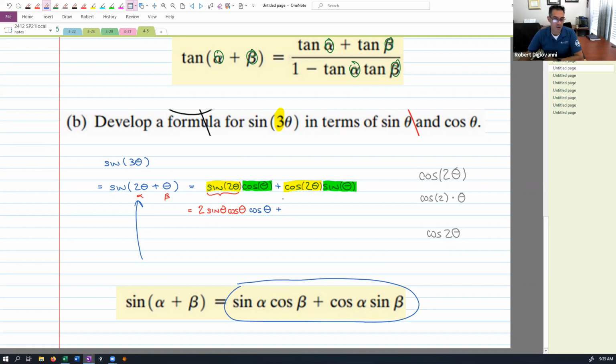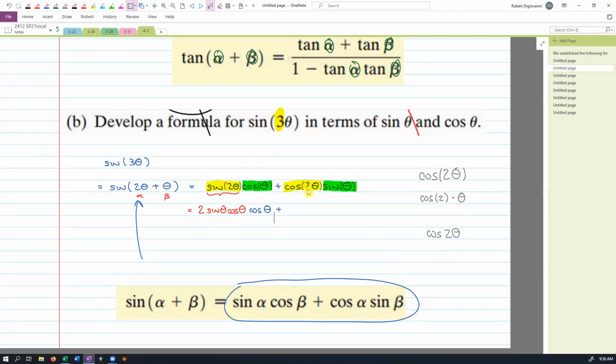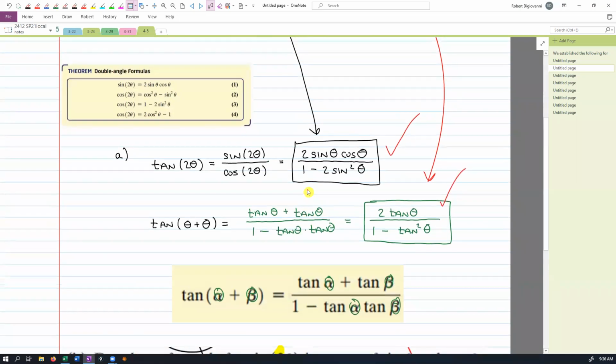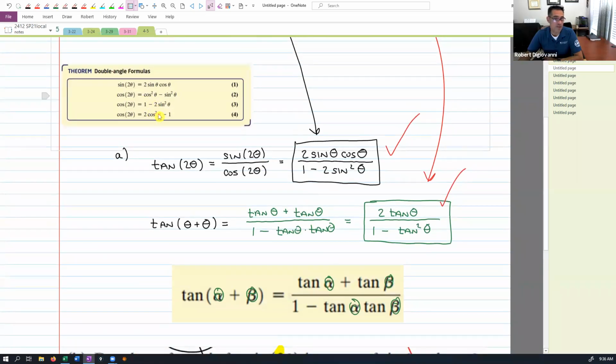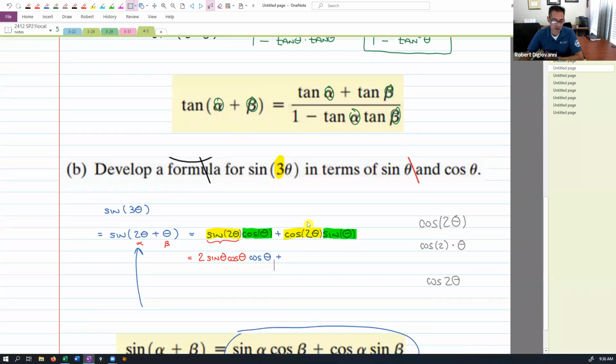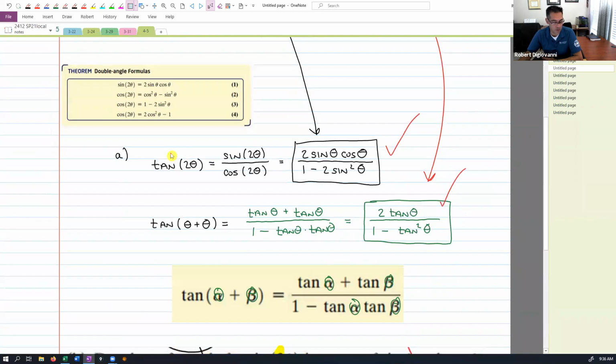Plus, all right, so Samuel, on this next one, cosine 2 theta, how many formulas do you have to choose from? I believe it's 3. 3, right? And it's your choice here. It's not telling us which one to use, so really you get to choose. Which one do you want?